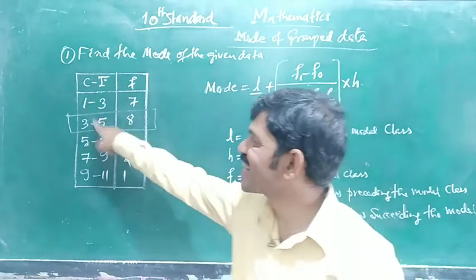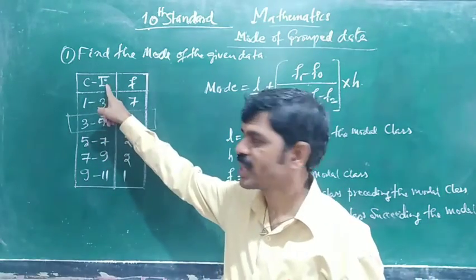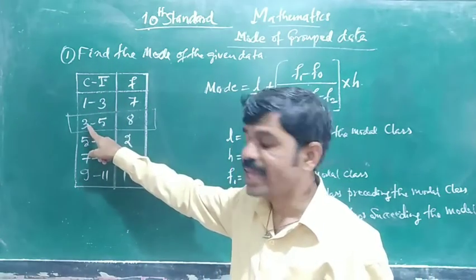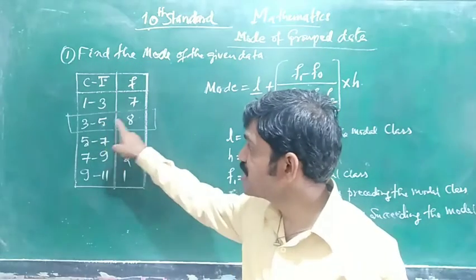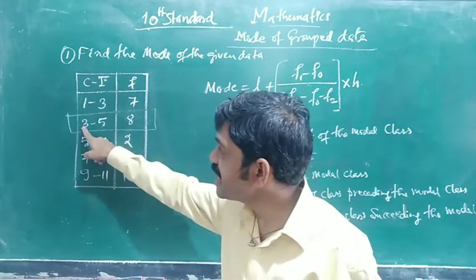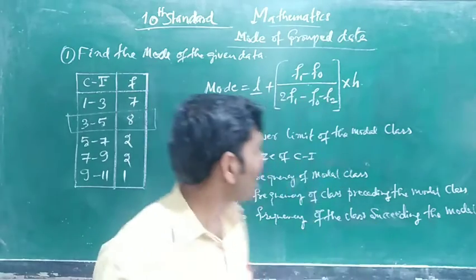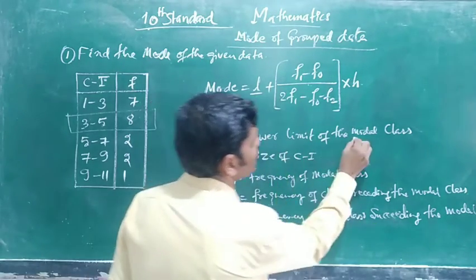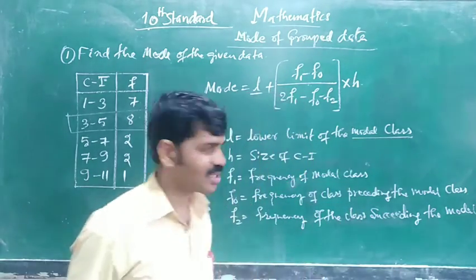So we have to see the class interval. A number in between 3 and 5 is repeated 8 times. So 3 to 5 is the class interval and that is the modal class.